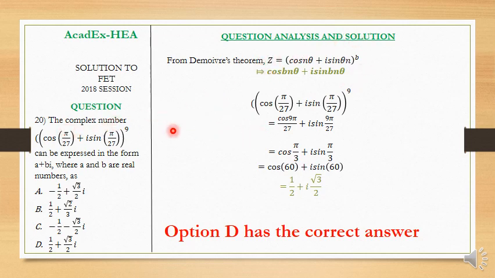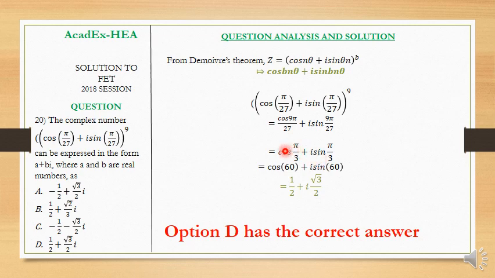So here we have cos pi on 27 plus i sine pi on 27, all raised to 9. When the 9 drops, it multiplies here and here. So I'm going to have cos of 9 pi over 27 plus i sine of 9 pi over 27. 9 over 27 is equivalent to 1/3. So we are going to have cos pi on 3 plus i sine pi on 3.